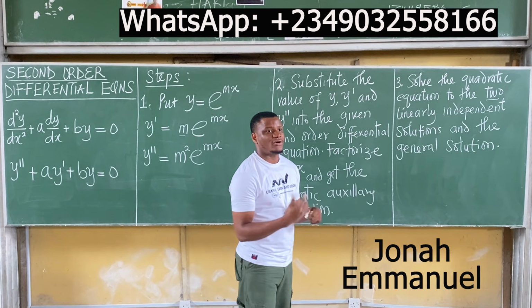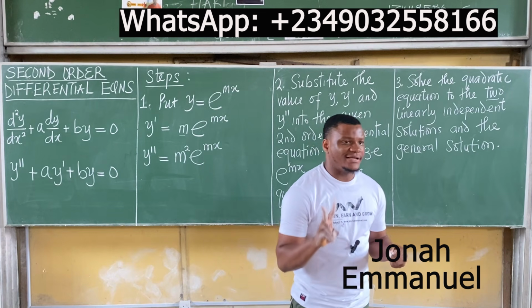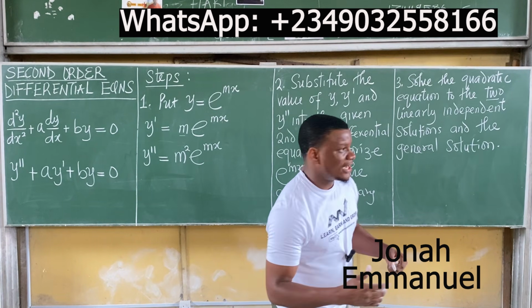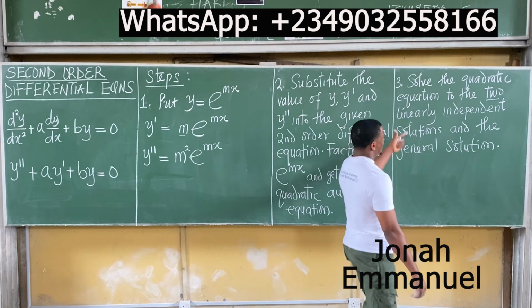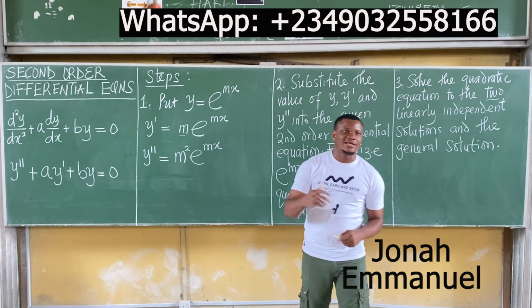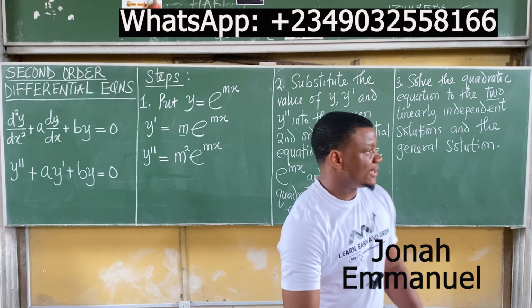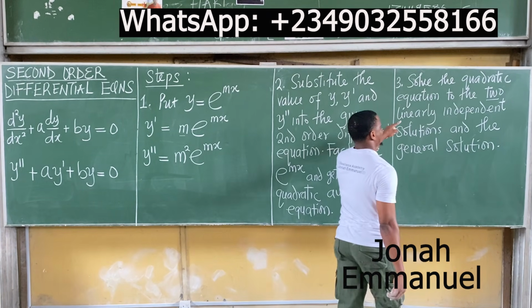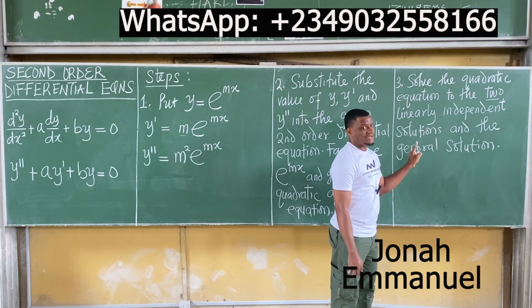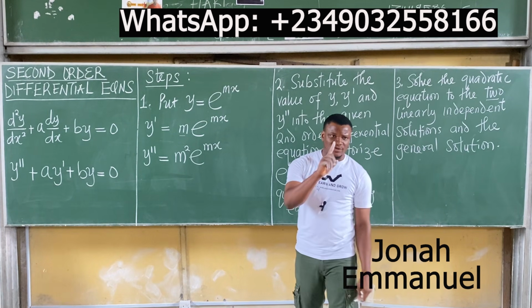So in solving second order, you have 2 types of answers. The first answer you'd have is what is called the linearly independent solution. The second answer is what is called the general solution. It's from the linearly independent solution that you get your general solution. Now that's one.